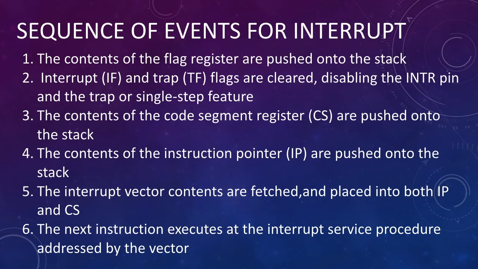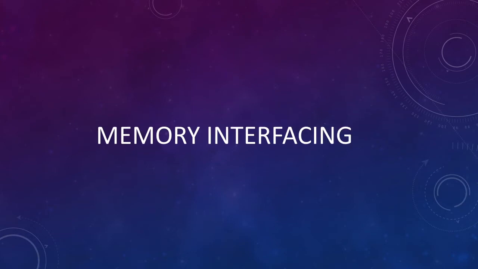Now when the execution is complete, the control is returned back to the main routine and all the stack contents are retrieved, and the microprocessor starts executing the main routine which it was doing before the interrupt came. After the interrupt details, let's look into the memory interfacing part.